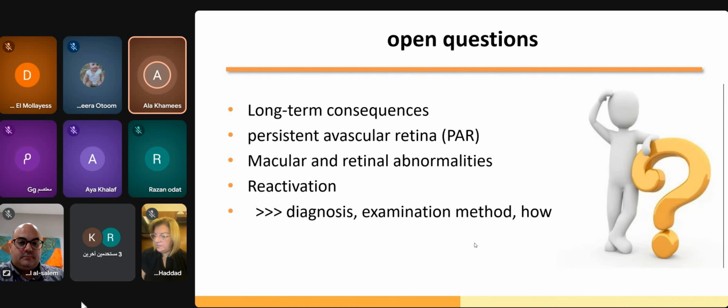Persistent avascular retina needs wider discussion, more studies, the definite type of treatment, how long can we wait until we treat this part of the retina. We are talking about retina after anti-VEGF injection. After appropriate laser therapy, we barely see persistent avascular retina. We need to monitor the macular, retinal, and systemic abnormalities.